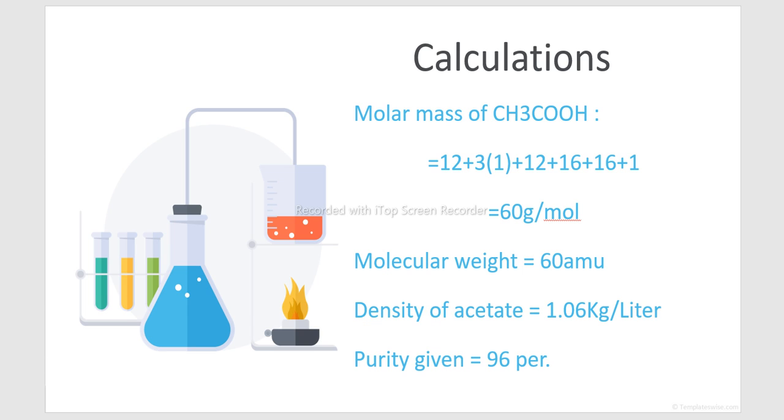Then 12 plus 3 into 1, because we have 3 atoms of hydrogen, and then 12 again for carbon, and 16 plus 16 for 2 oxygen atoms, and then again 1 for hydrogen, which concludes to 60 gram per mole, and the molecular weight expressed in atomic mass unit is 60 AMU. The density of acetate is 1.06 kilogram per liter, and the purity given as mentioned above is 96%.